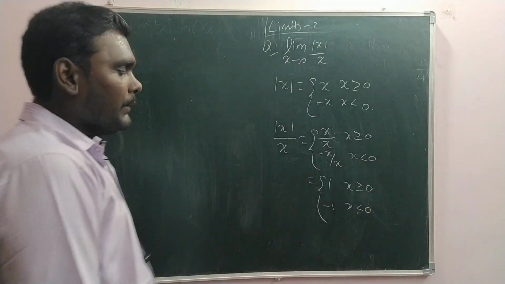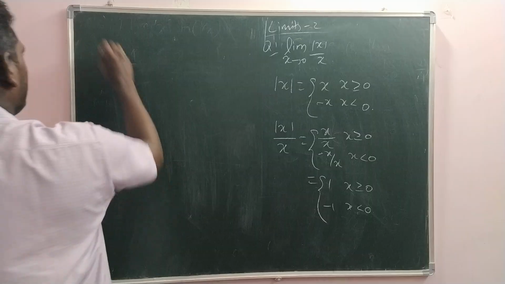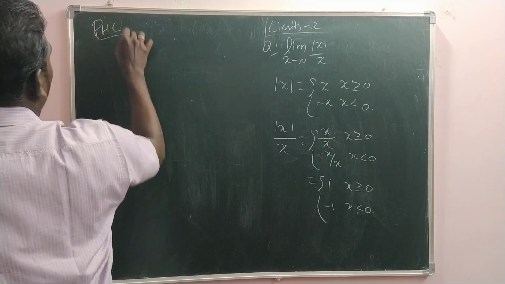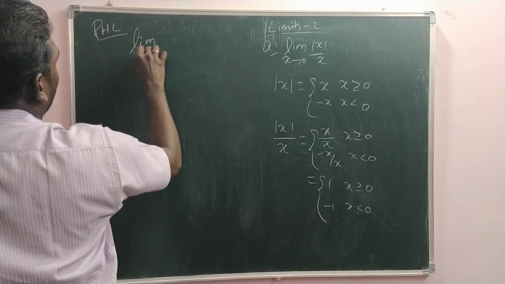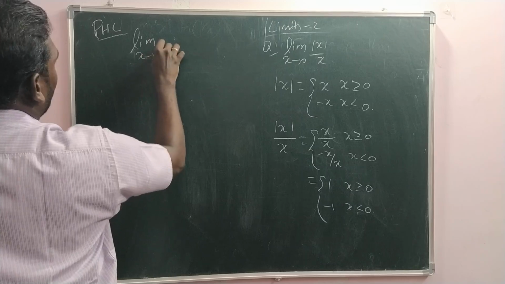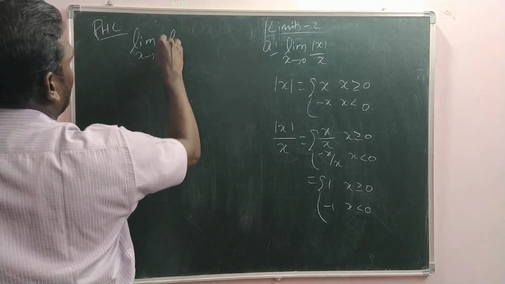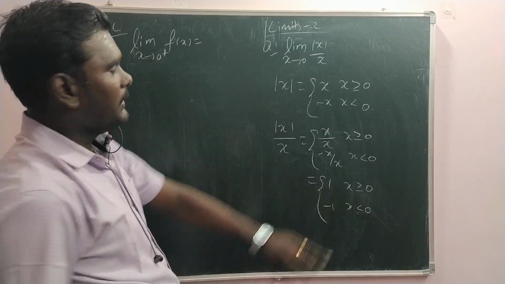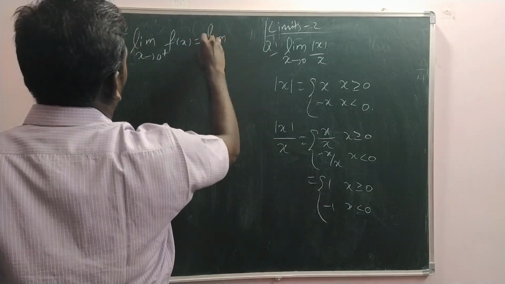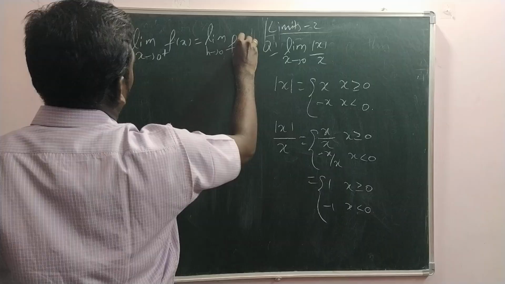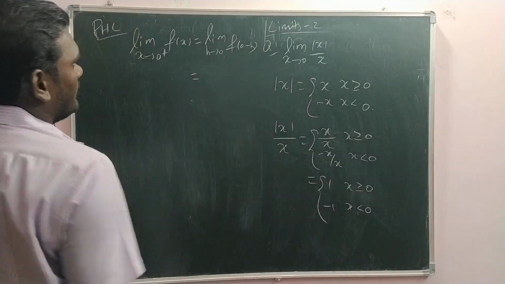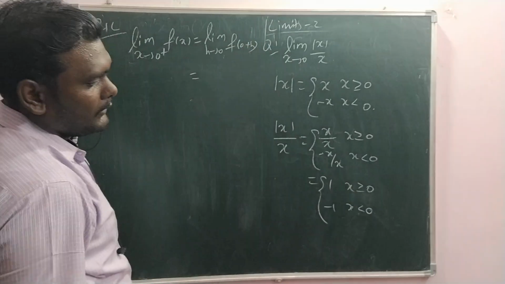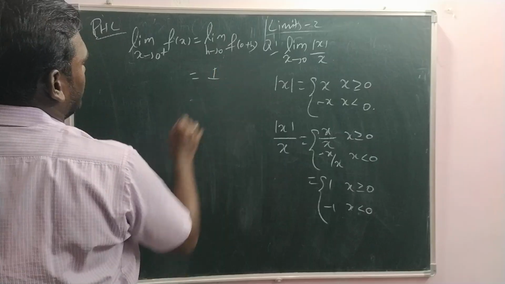Now apply left limit and right limit. RHL: limit x tends to 0 plus, f of x. 0 plus means limit h tends to 0, f of 0 plus h, this is 1.